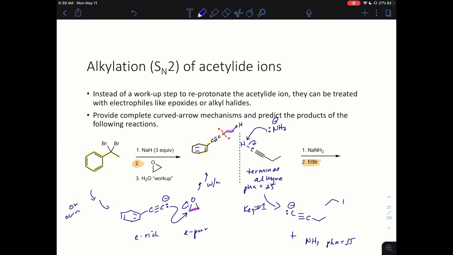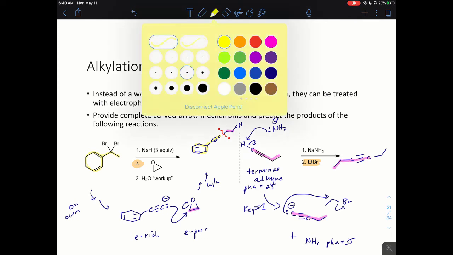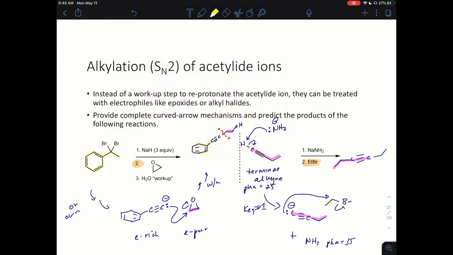And then you treat with the alkyl bromide, and we generate, ooh, that's fun, we generate this species. So let's highlight our carbon. So here from the terminal alkyne, making the acetylide ion, and then we have the two carbons from ethyl bromide. Cool, we made an internal alkyne.